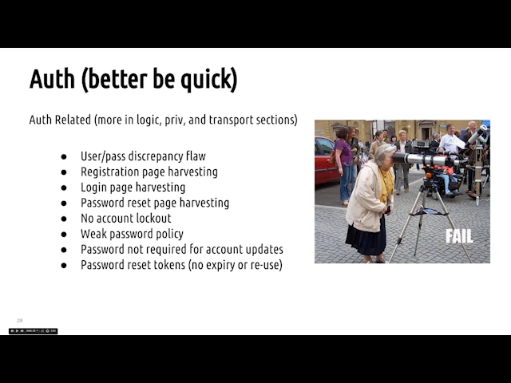The fact that you can iteratively find what a valid username is by using the login page or the password reset page. They don't care about no account lockout or a weak password policy or password not required for account updates. So you can see these vulnerabilities in the application, and they might be out of scope. It's still not a reason not to mark them as useful.